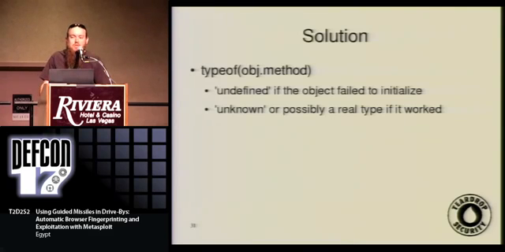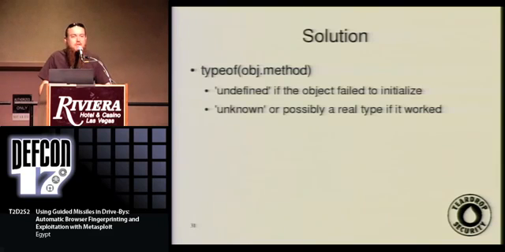To exploit some vulnerable method, you have to know the name of that method. So all we have to do is check the type of that method on the object. If it's a DOM object, the method isn't going to exist, and we end up with an undefined type.